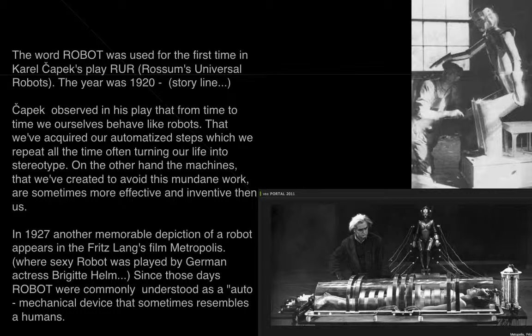Another memorable event from this period is the film Metropolis, which I'm sure you've seen, and of course, the robot was then already understood as an automechanical device that resembles humans in some aspect.